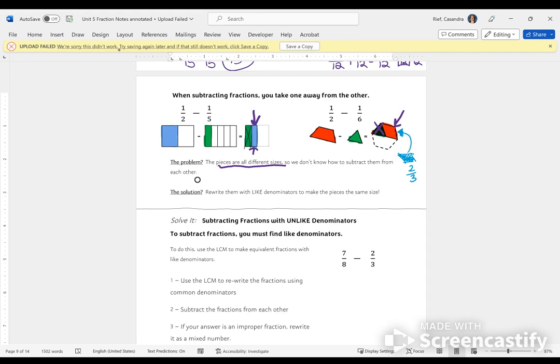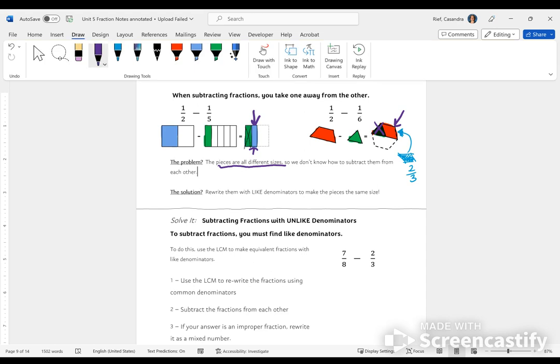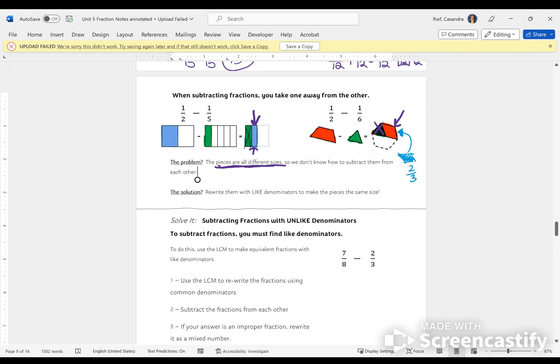So this helps me see that when I start with a fraction with one denominator, and if I subtract a fraction with a different denominator, my denominator is going to be different. The size of my pieces is going to change. So the problem is, when I am doing fraction addition or fraction subtraction, the pieces are all different sizes, so we don't know how to subtract them from each other.